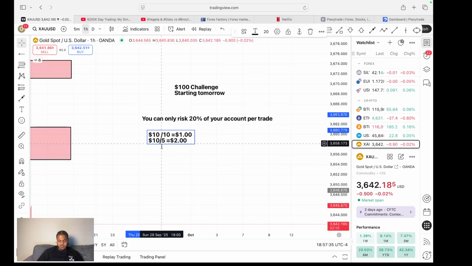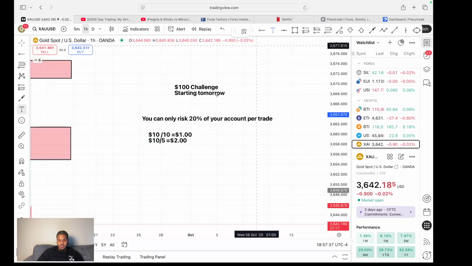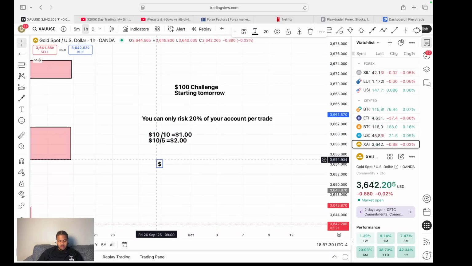And then what you could do is take that dollar and multiply by 50, or take that $2 and multiply by 50. This is what you realistically can make in 1 week trading, right? So you damn near could double your account or make half of your account in 1 week.